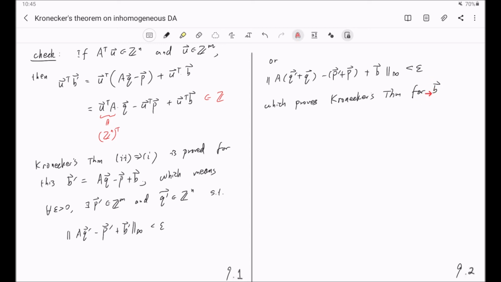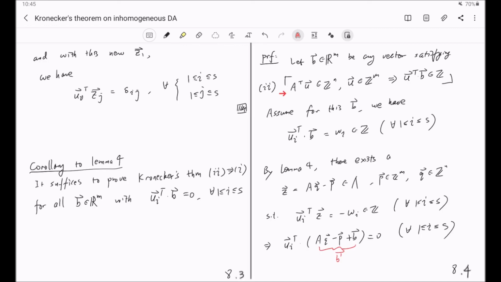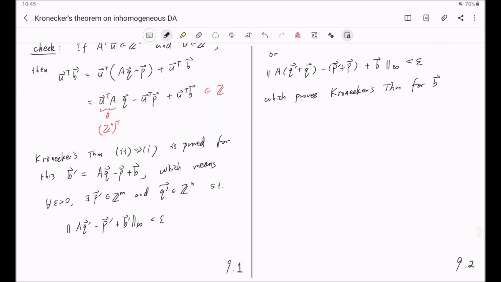This b is an arbitrary one, satisfying this hypothesis, with p prime plus p in Z^m and q prime plus q in Z^n. And that finishes the proof of this corollary.